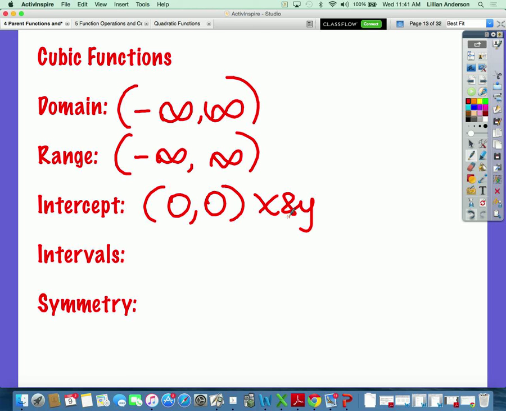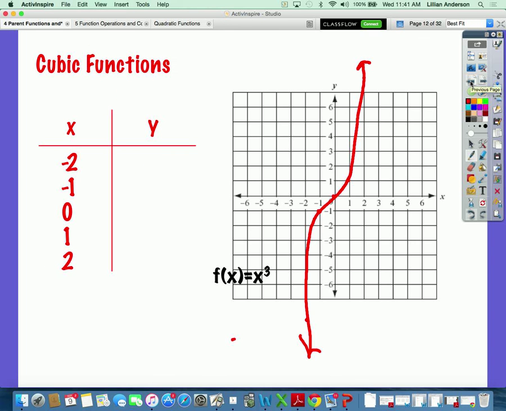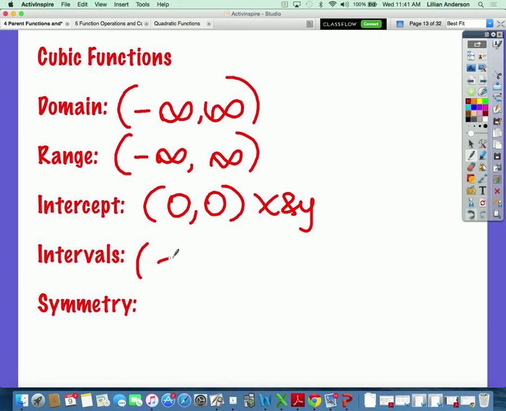Not decreasing. Remember, we read from left to right. So I'm coming from down here, I'm coming up. Increasing from negative infinity to positive infinity. Up, up, and away. Going up the entire time, increasing.